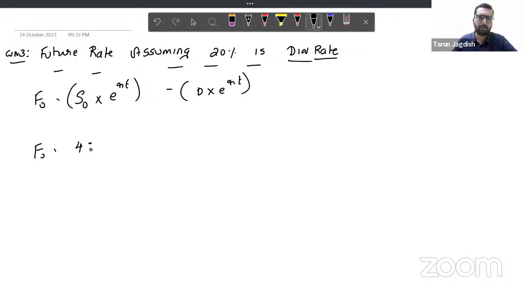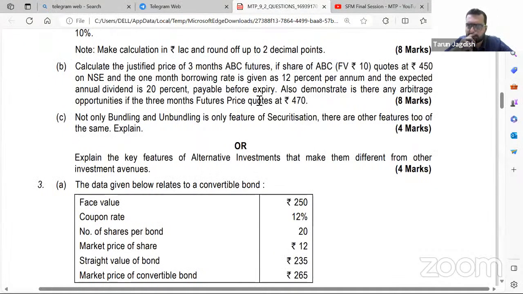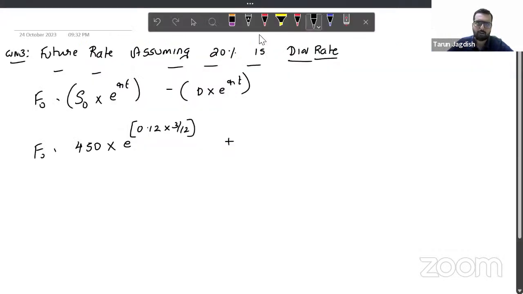So F0 will be equal to 420 into e raised to the rate, 12% into 3 by 12. How much is the dividend if it is a rate? It is 20% on 10 rupees. Can I say that is 2 rupees? It is not plus, it is minus.